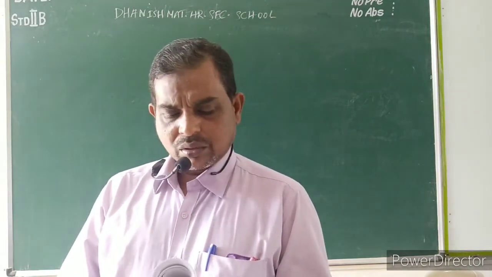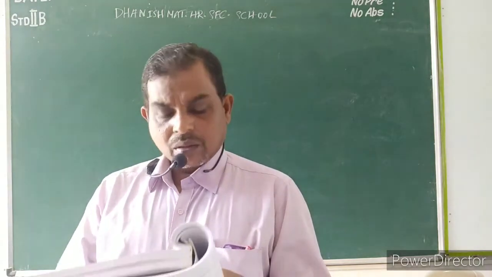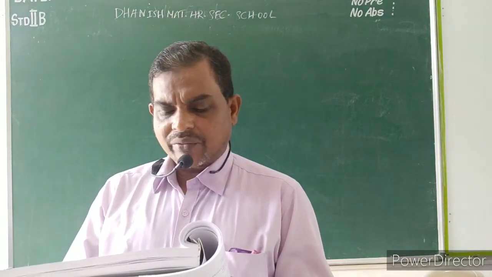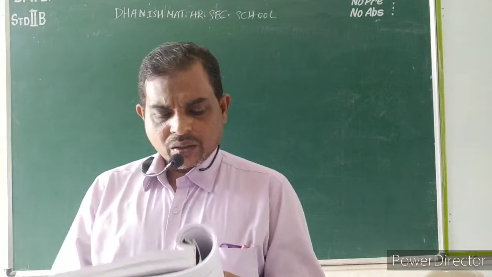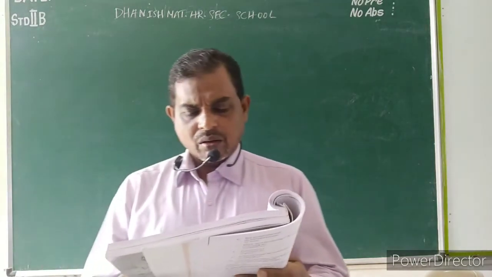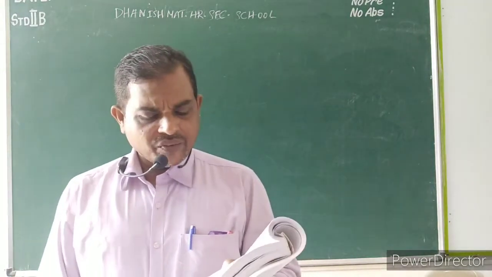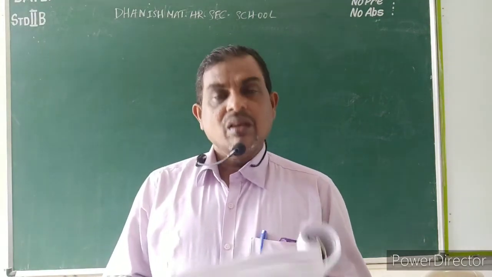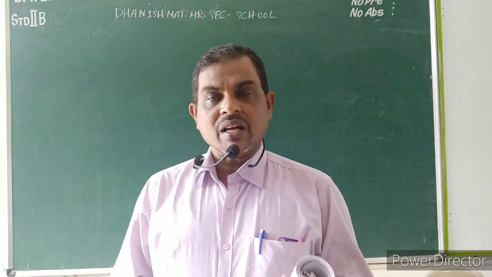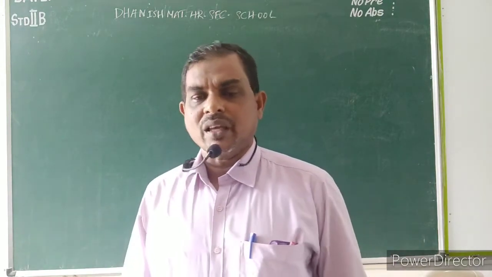I will teach you now. What will be the effect of the following on the accounting equation? They have given 7 transactions of a particular businessman. We have to prove these transactions with the help of the accounting equation.